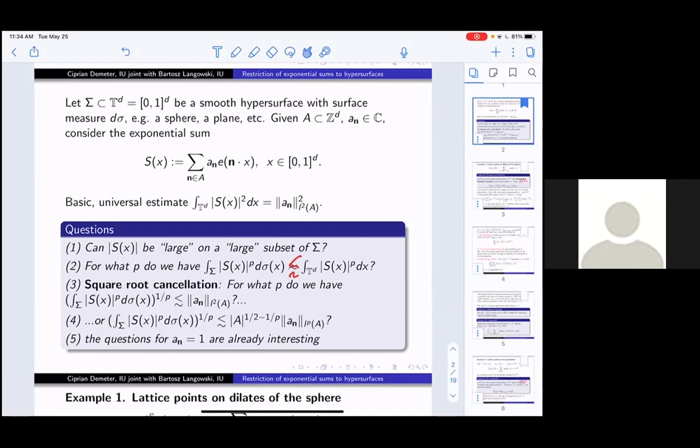So is there a scenario where S of x could have a larger moment on a submanifold than the initial moment?